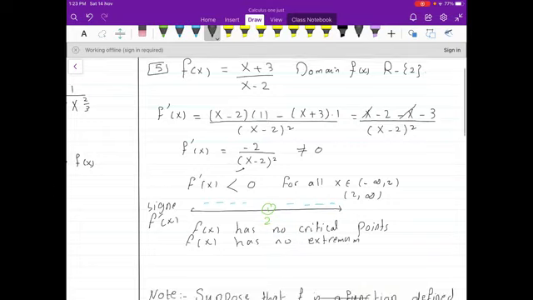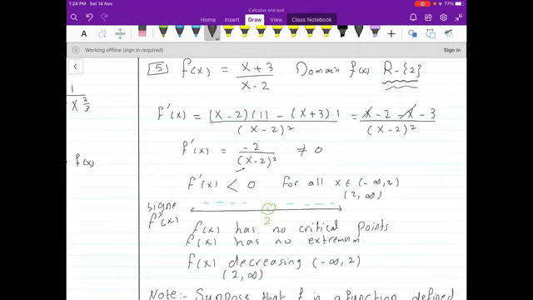It will have neither a max nor a minimum. And f of x is decreasing on two intervals, from minus infinity to 2 and from 2 to infinity. If we said f of x is decreasing on R, that would be wrong, since the domain is R except 2.